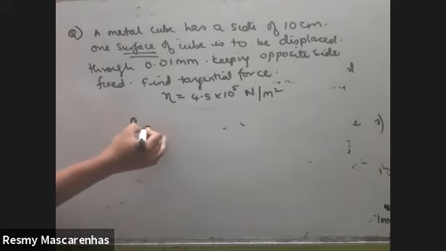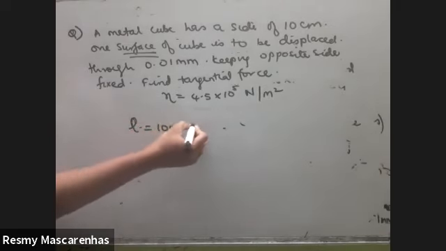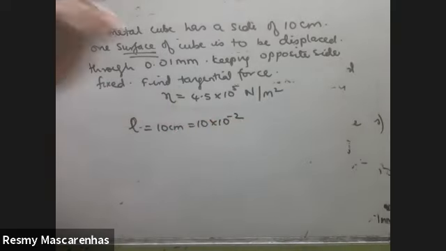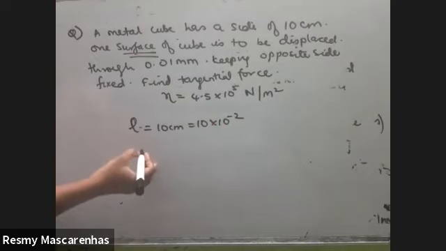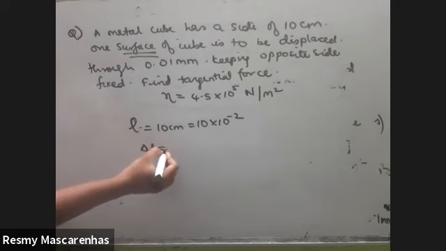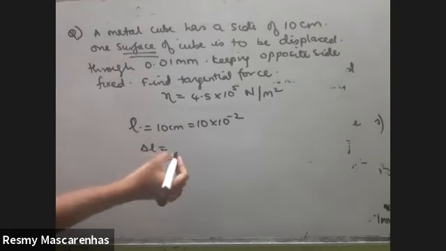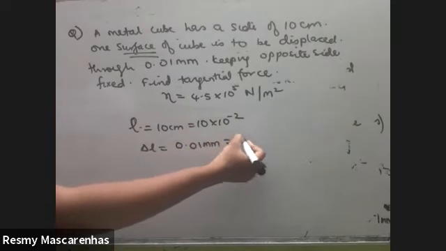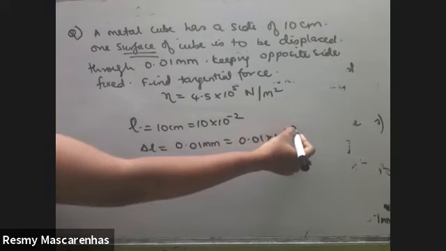Same thing now. L is 10 centimeter. Displaced to 0.01, displacement means delta L. Millimeter will be 10 raised to minus 3.